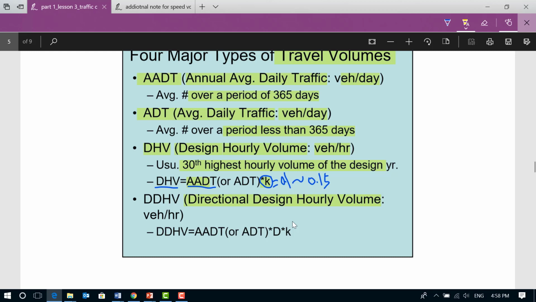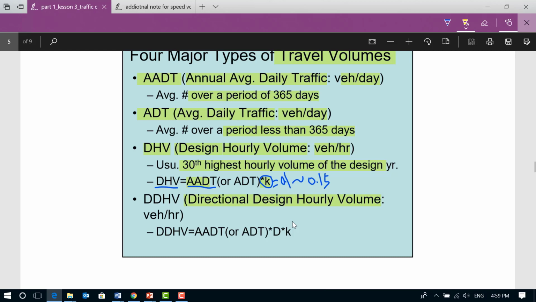In the morning, let's say if both directions are balanced, you just need to have 4 lanes for each direction. But since in the morning the westbound direction is much larger than the eastbound, then probably you need to have 5 or 6 lanes to accommodate the volume. But in the afternoon, those vehicles will go back home.